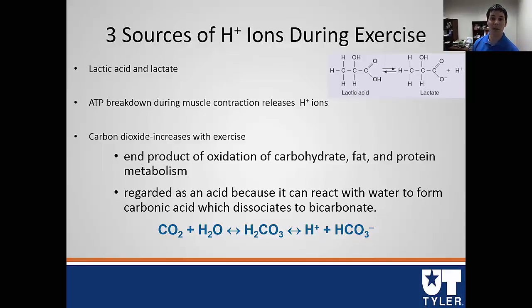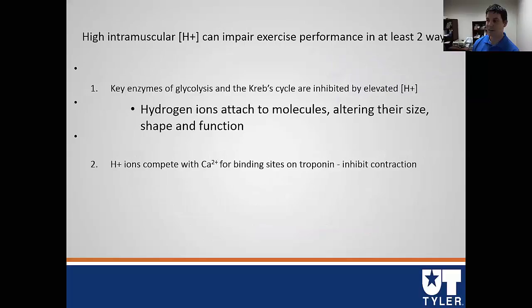So why do we care, right? I mean, obviously the blood, right? We don't want to die, but even slight changes can impair performance, right? So one is hydrogen ions can attach to key enzymes in our metabolic pathways, altering the structure and function of these enzymes so that they no longer work appropriately, and then metabolism slows down.